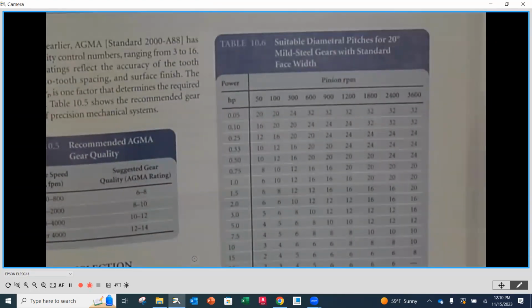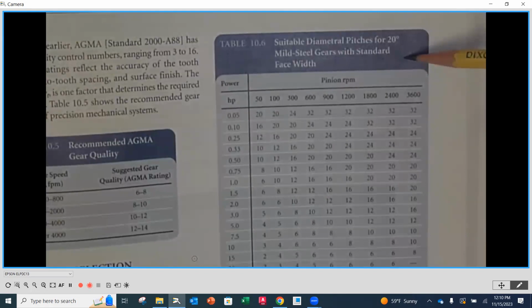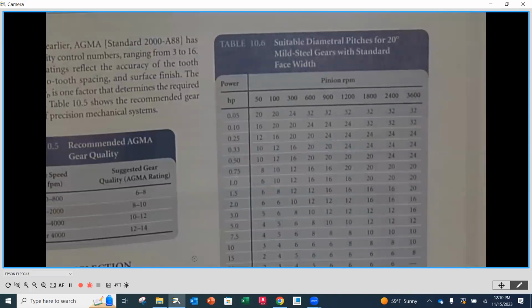As it says at the top here, this is suitable diametral pitches for 20-degree mild steel gears that have the standard face width, meaning there is a face width that matches up with the diametral pitch. For instance, if I have a diametral pitch of 8, that's going to have a set face width, how deep that tooth is, over which we distribute the force as we transmit from one gear to the other.